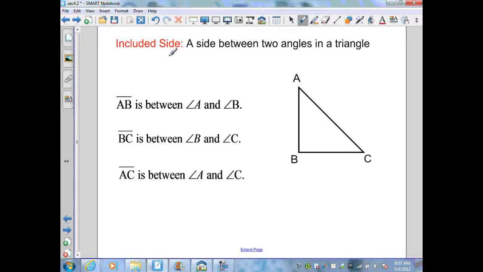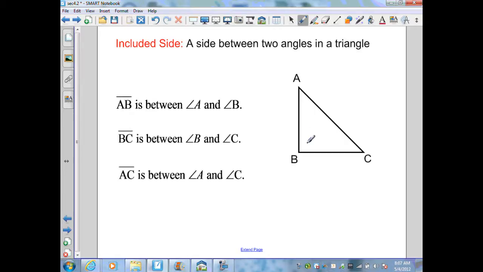Here we have an included side, a side between 2 angles in a triangle. To identify that, I have a diagram, triangle ABC, and I've identified included sides. For example, segment AB is between angle A and B. Here's angle A and B, and segment AB is sandwiched in between the 2 angles.